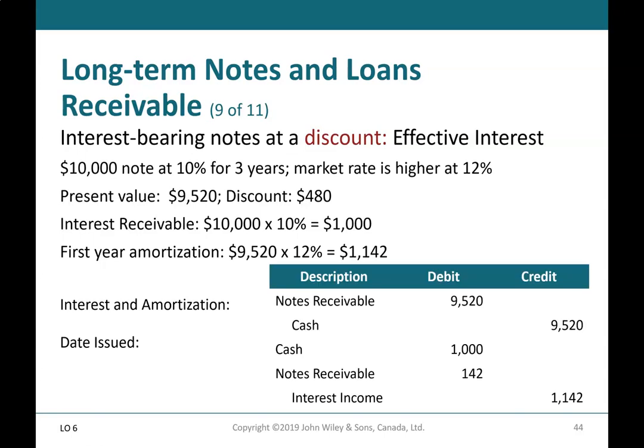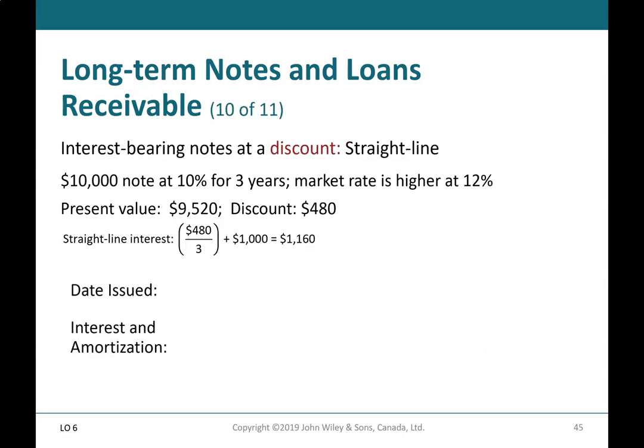So we would record a debit to notes receivable for $9,520, because we always debit for the present value, and credit cash for $9,520. Then we would debit cash for $1,000, debit notes receivable for $142, and credit interest income for $1,142.